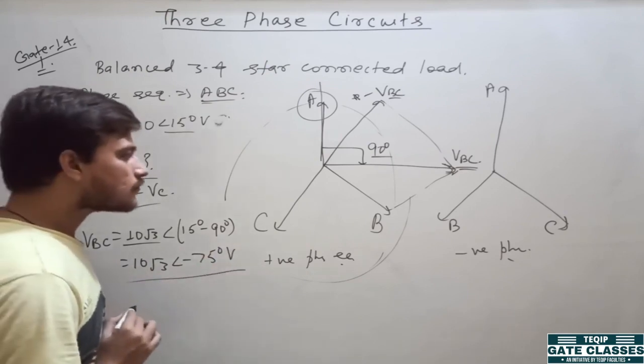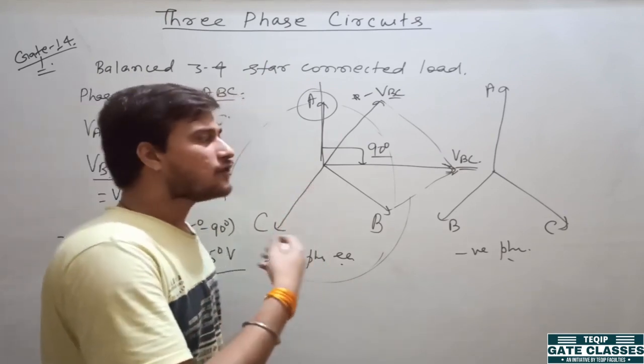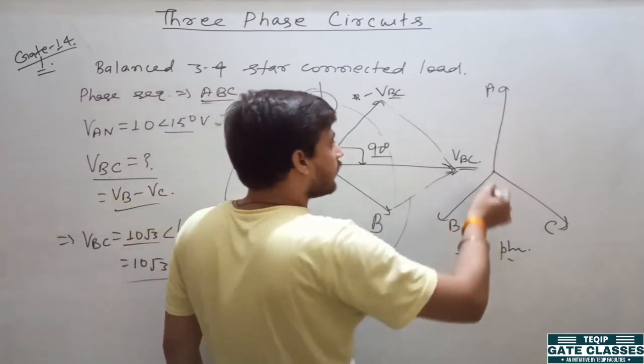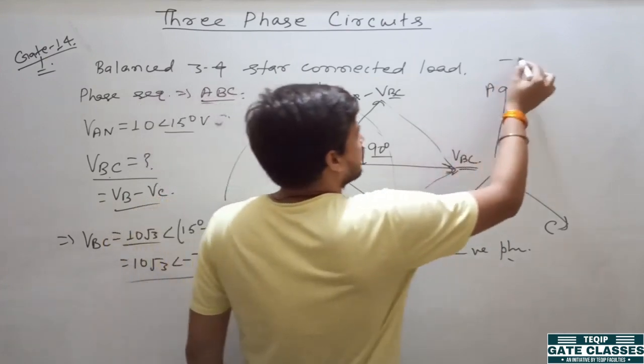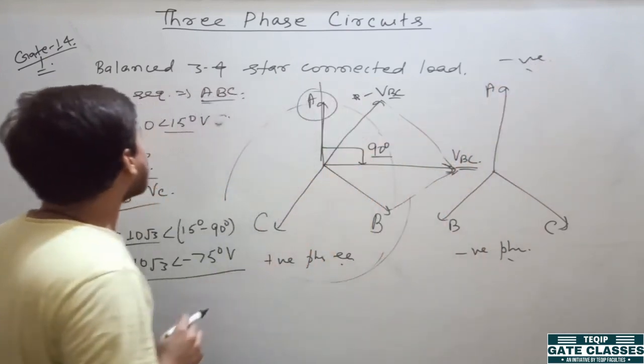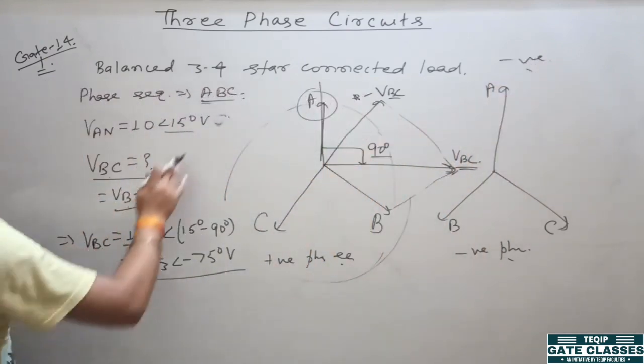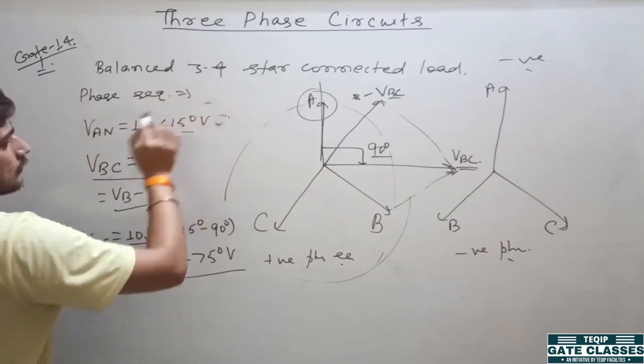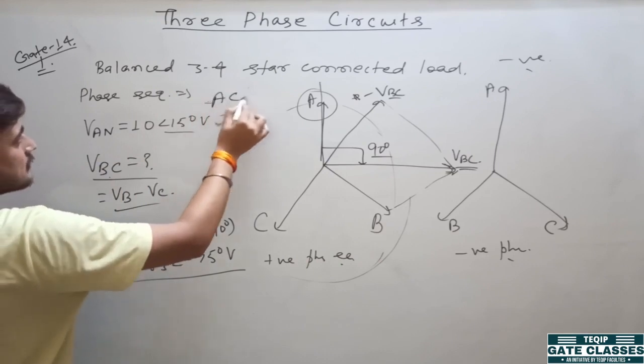Clear? Now if you try to change the question, suppose they have given you the negative phase sequence in the same question, and they are asking you to find for negative phase sequence, negative means the sequence is now ACB.